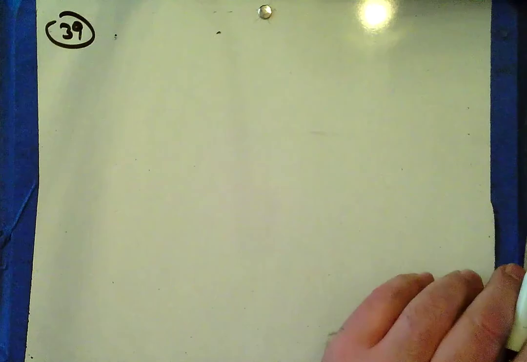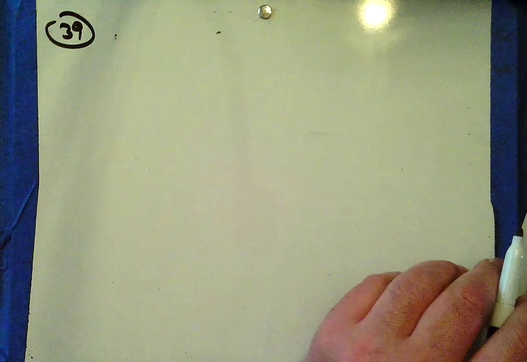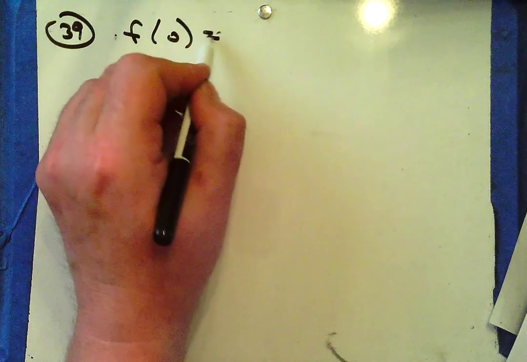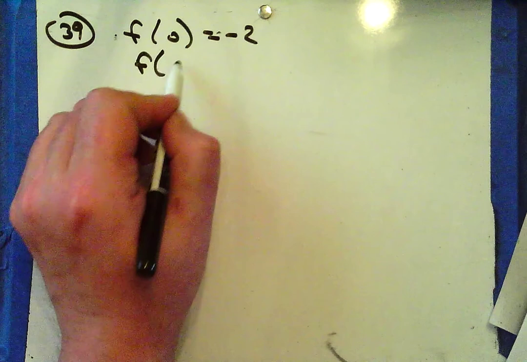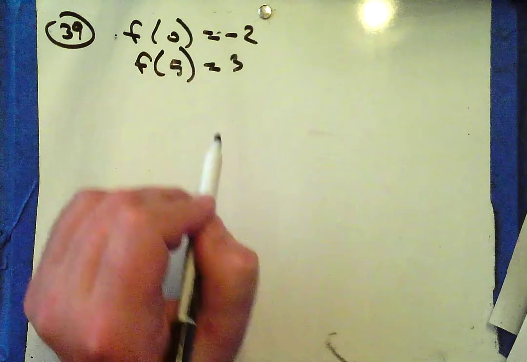39. The function f is continuous on the closed interval and differentiable on the open interval. So f of 0 equals -2, f of 5 equals 3.